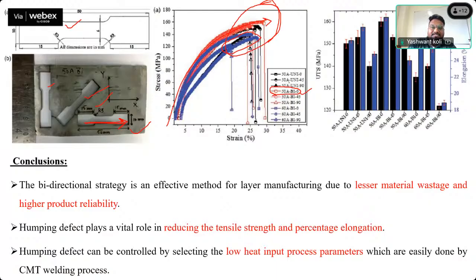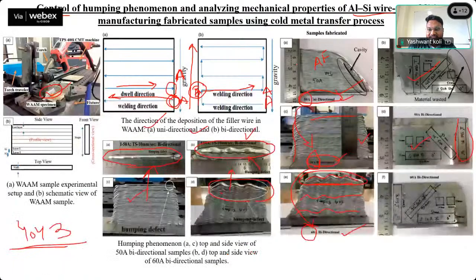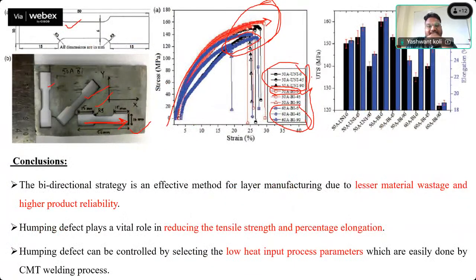In this case, we already know that 60 ampere has the humping defect, and for 50 ampere unidirectional, we have seen that cavities were formed. This is also not good because of the material wastage. So the maximum strength is in the best case scenario, that is 50 ampere bidirectional and 0 degree orientation, that is the longitudinal direction, along the layering of layers.